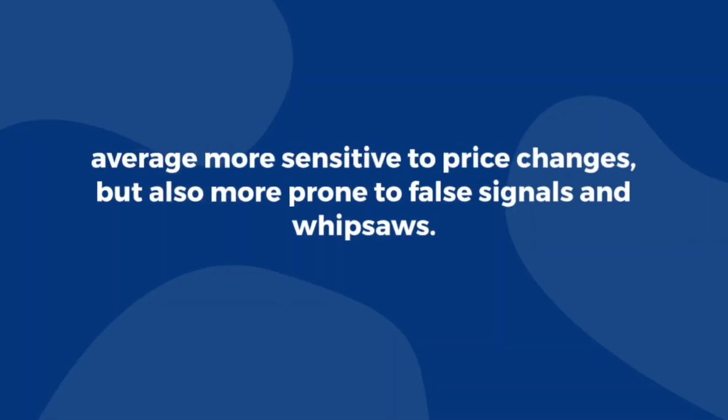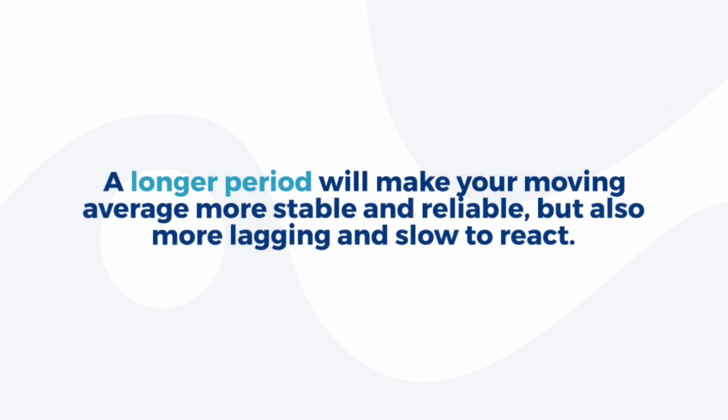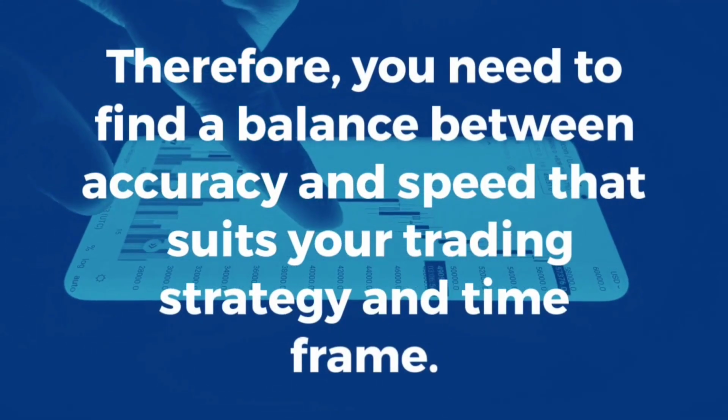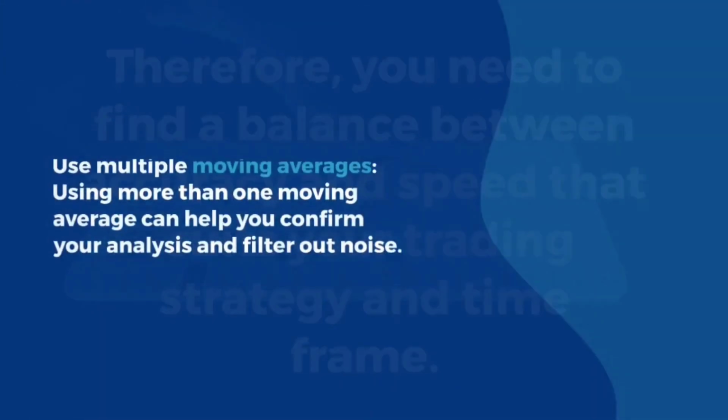A shorter period will make your moving average more sensitive to price changes, but also more prone to false signals and whipsaws. A longer period will make your moving average more stable and reliable, but also more lagging and slow to react.